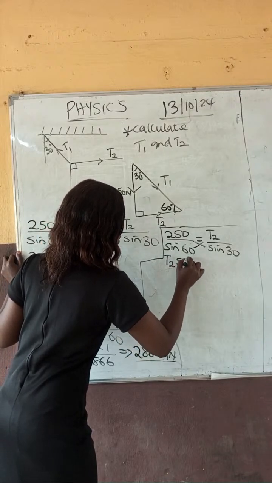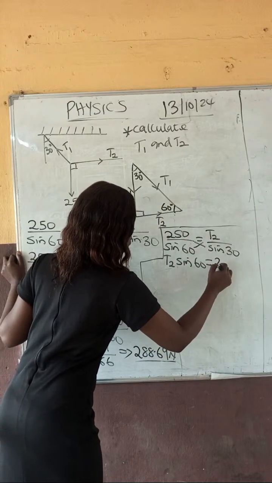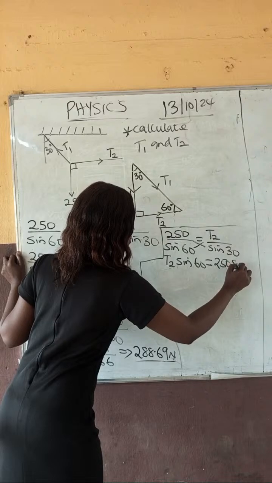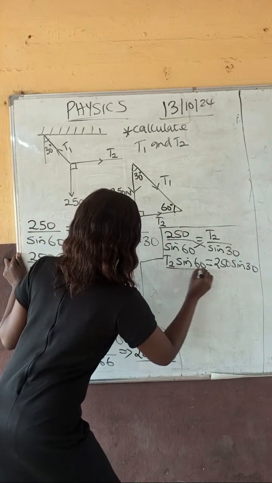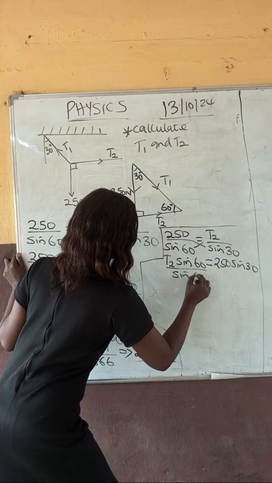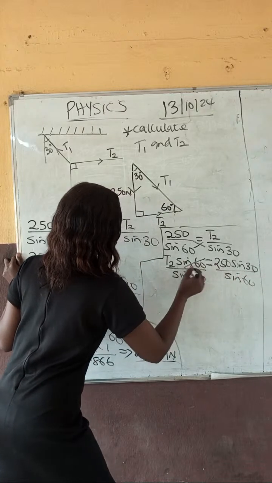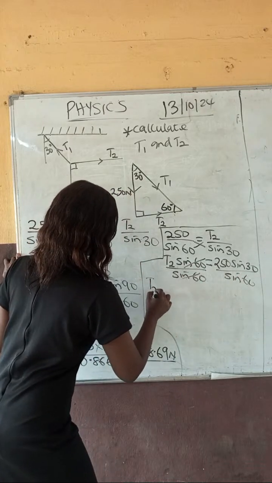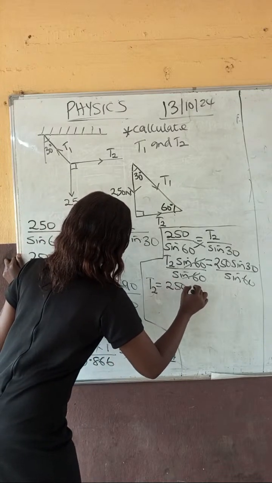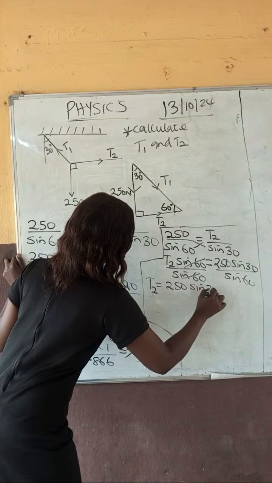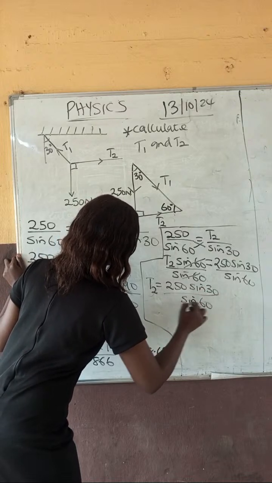T2 sine 60 is equals to 250 sine 30. And I divide both sides by sine 60. I'll cancel. So T2 is equals to 250 sine 30 divided by sine 60.